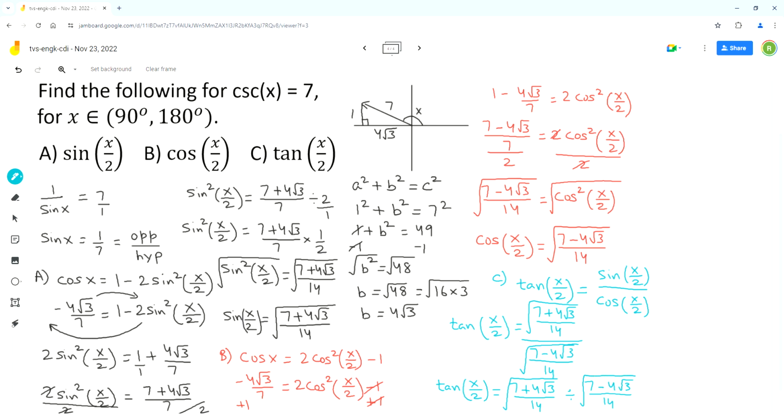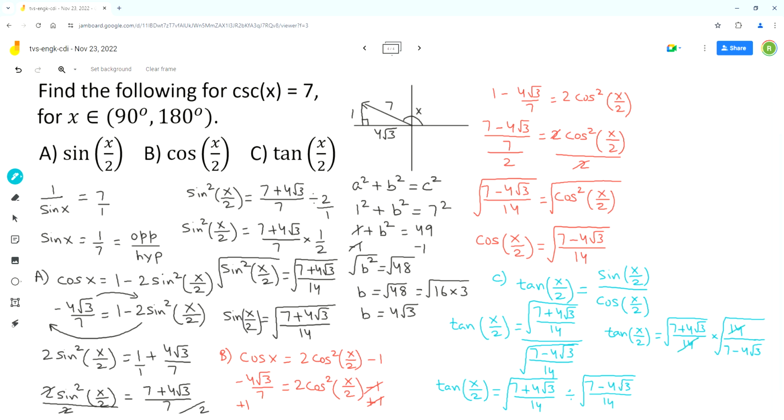Next, we can change it into a multiplication statement by flipping the second fraction. We can cancel out the square root of 14.